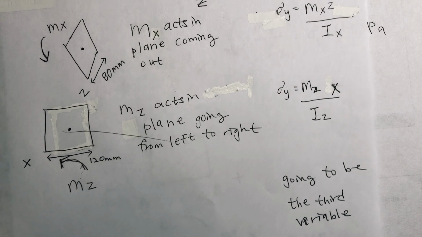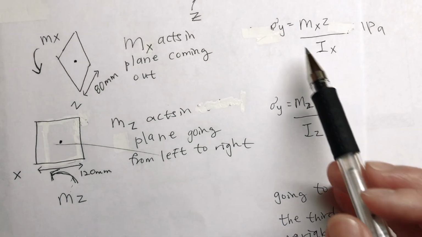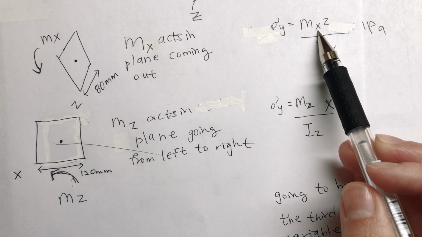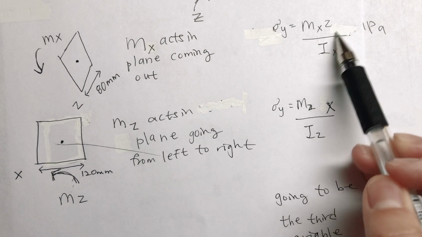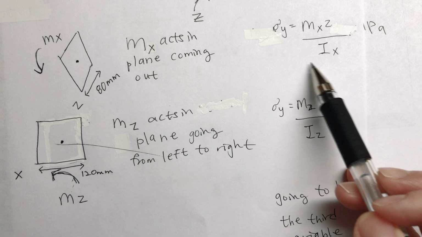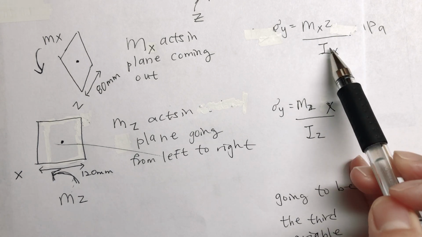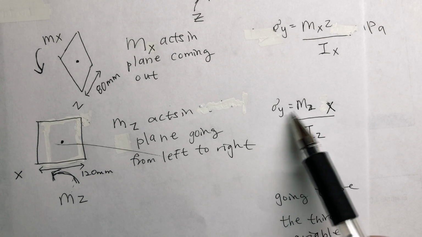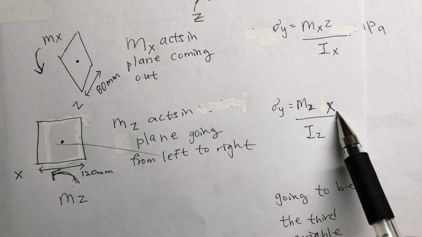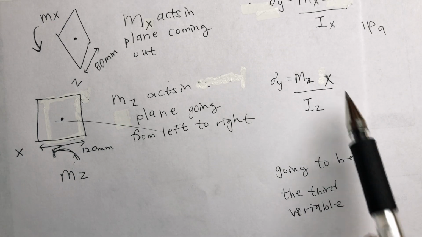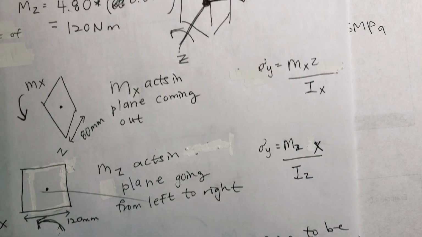But for problems, just practically, you have stress y and you have mx, so it's just the third variable, z. And for moment around the z-axis, it's just the third variable, x.